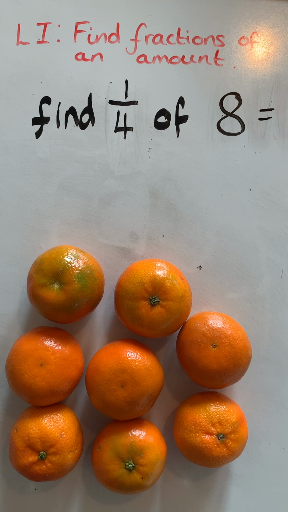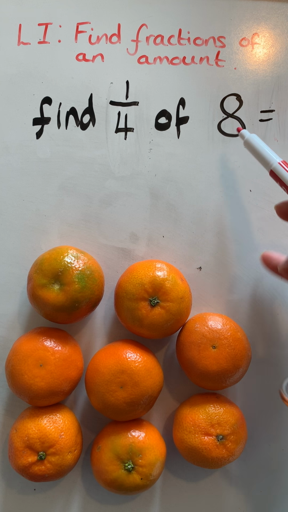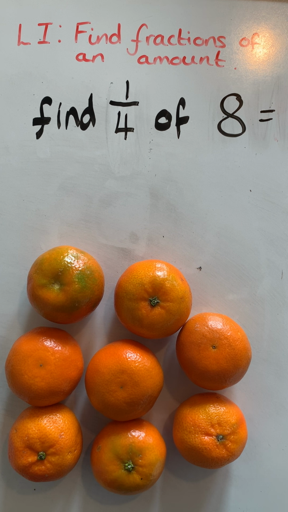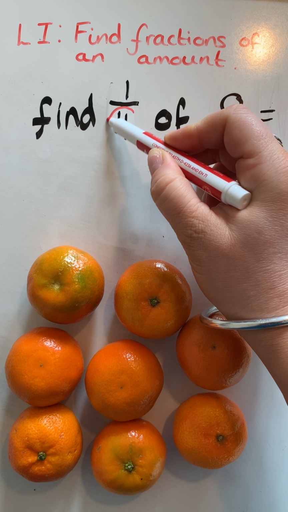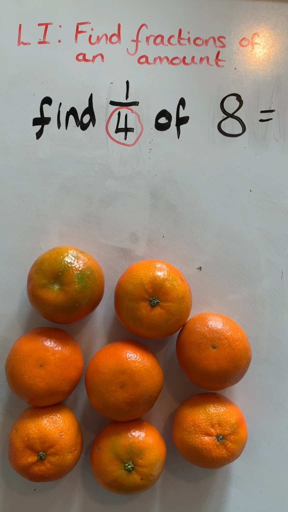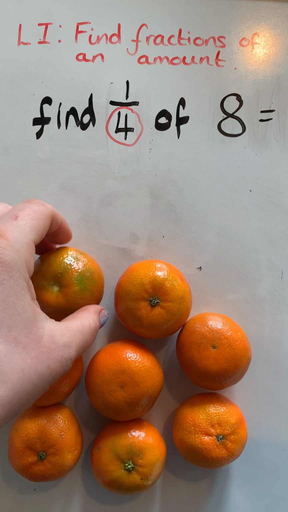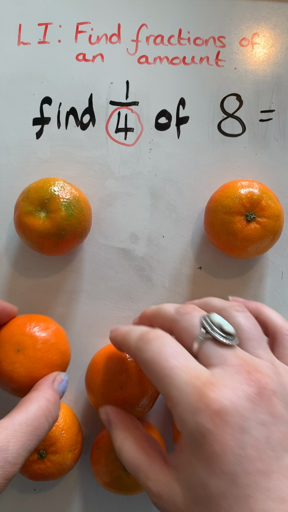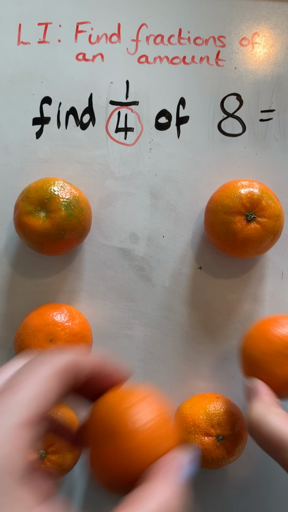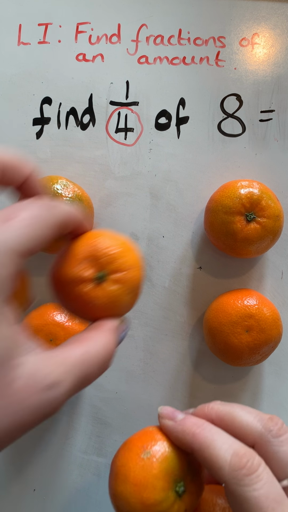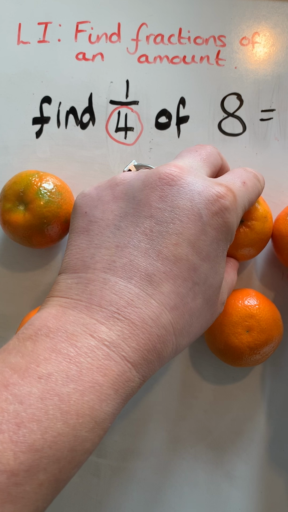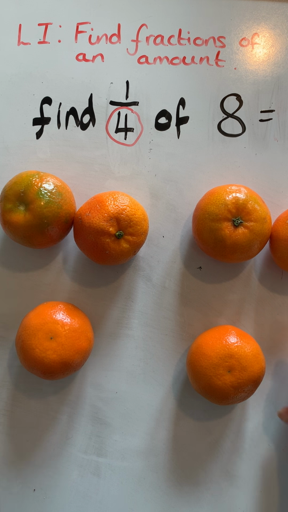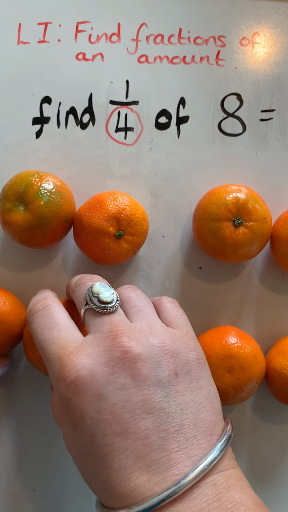Okay, so how many groups do we need to split that into? So to find a quarter, we are going to split the number 8, or the objects which we have, into 4 groups. Okay, so let's just do that now. So 1, 2, 3, and 4.